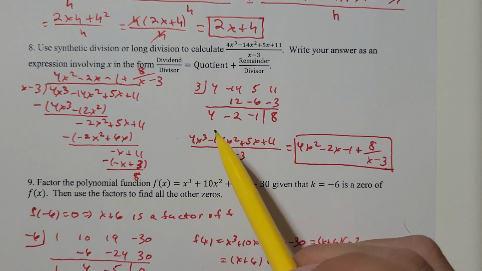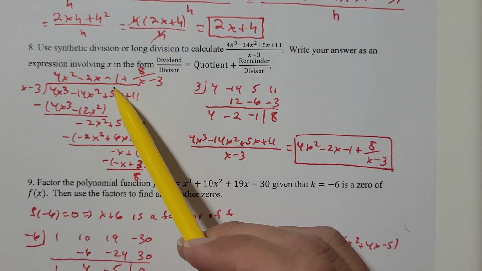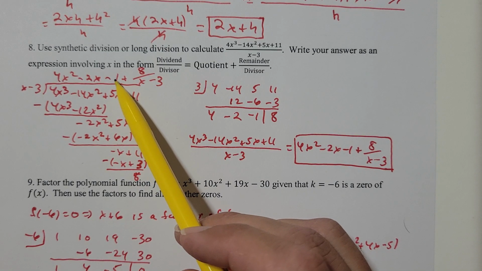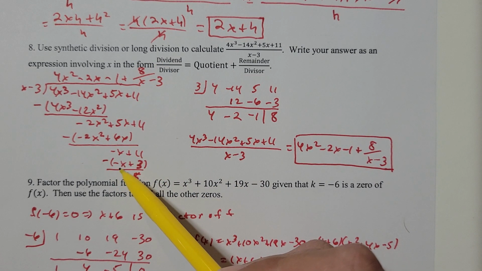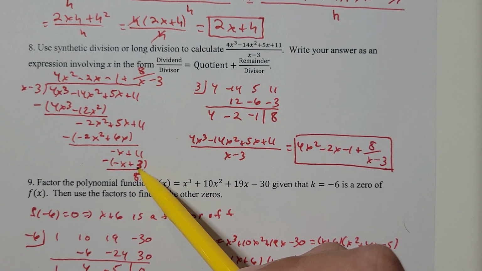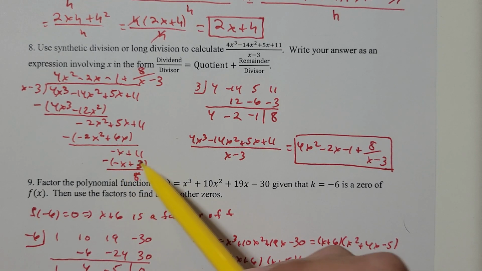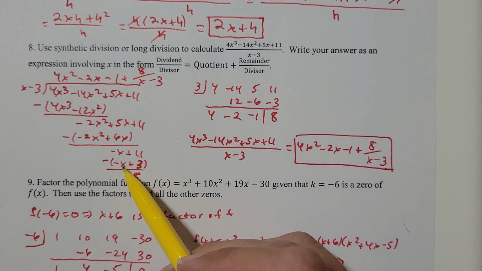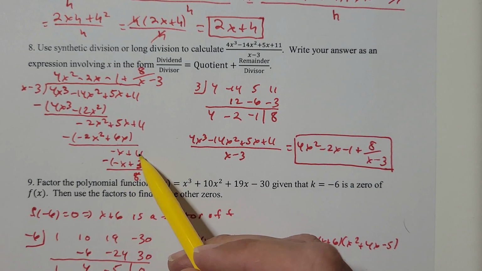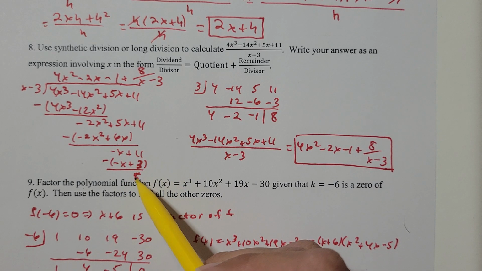Okay, and I can divide one more time, it looks like. So if I tack on a minus 1, negative 1 times x minus 3 is negative x plus 3. I'm subtracting those. So negative x plus x, that's 0. 11 minus 3, that's 8.